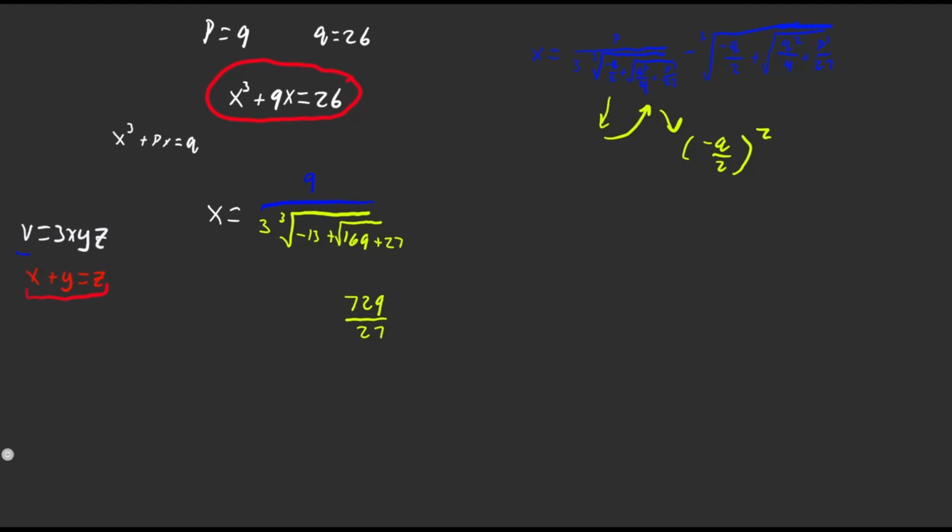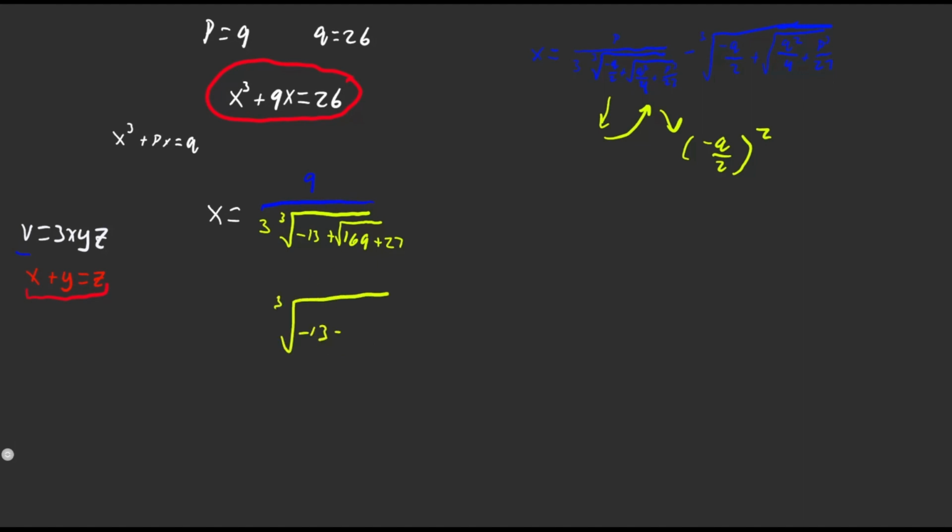And now what we can do is go ahead and add on to the equation. Well, let's just solve for the cube root and then plug it in as the same thing later. So we're just going to solve for this cube root first.